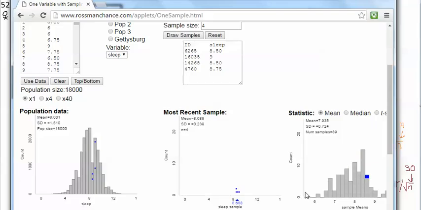As I use up more and more of the possible samples, you start to actually see the shape of the sampling distribution, which includes all the means of all possible samples that could be chosen of 4 people.